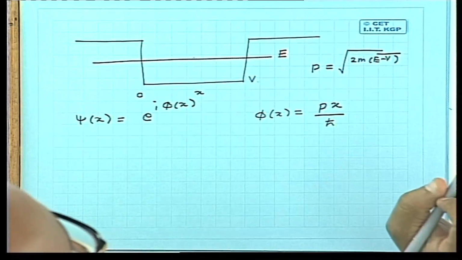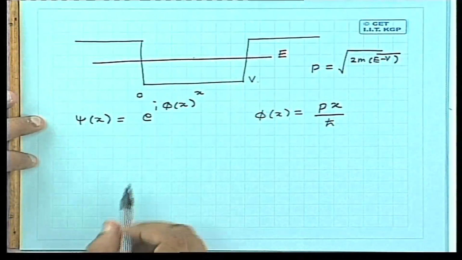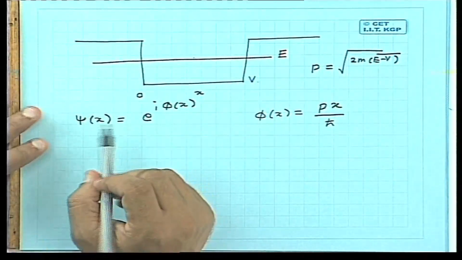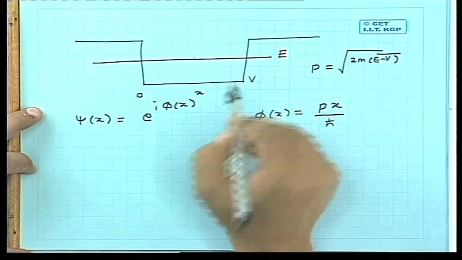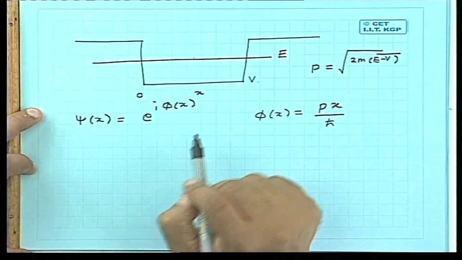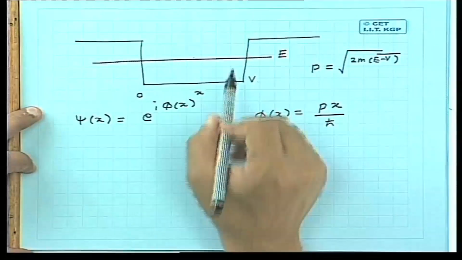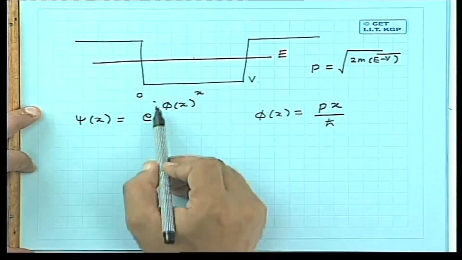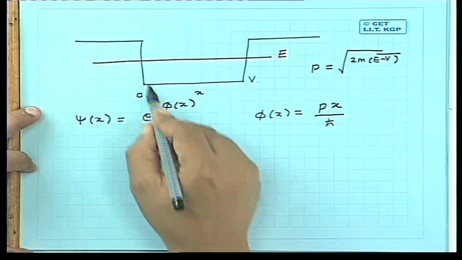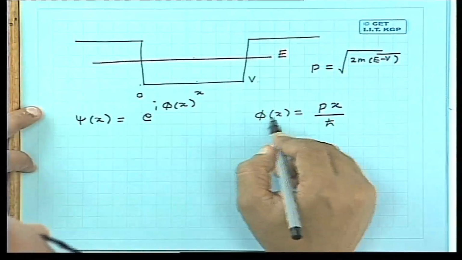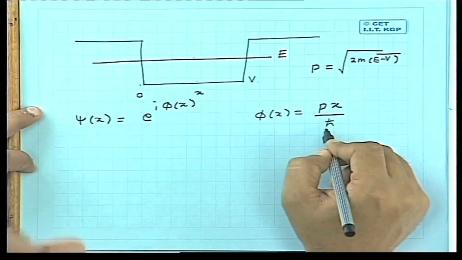Psi(x) is equal to e to the power i phi(x). We have actually solved this, right? We have solved the Schrodinger equation in a situation where the potential is a constant. We have worked out the exact solution. It turns out to be a plane wave, and that plane wave I can just express in this fashion: e to the power i phi(x), where phi(x) is the phase when I go from here to here, and phi(x) turns out to be p x by h cross.